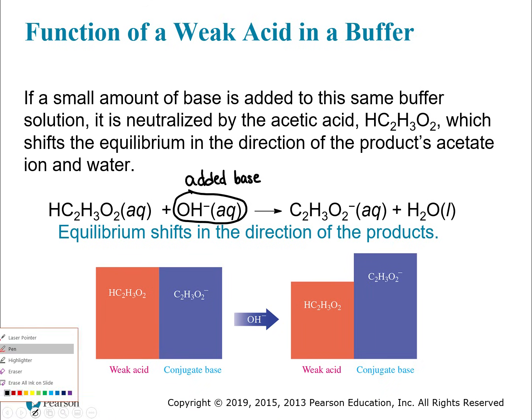And we're going to increase our product. Now, we're not concerned about the water, remember, because water has a constant concentration, we're not looking at that. What we're looking at is the ions in the weak acid. If we increase the amount of the acetate ion, then we're bolstering up that conjugate base. So it'll be slightly more basic, but only slightly.